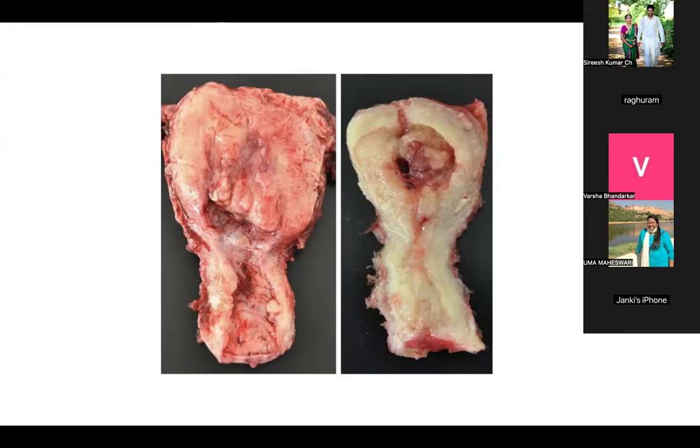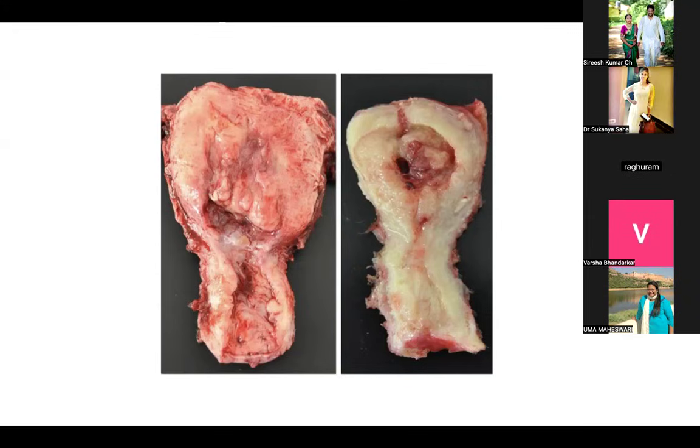So basically, if you have high risk disease, that is stage 3 disease, or higher risk histologies, or a P53 mutation, which makes it high risk automatically, in all those settings you give adjuvant CTRT, that is, you give radiation along with cisplatin.